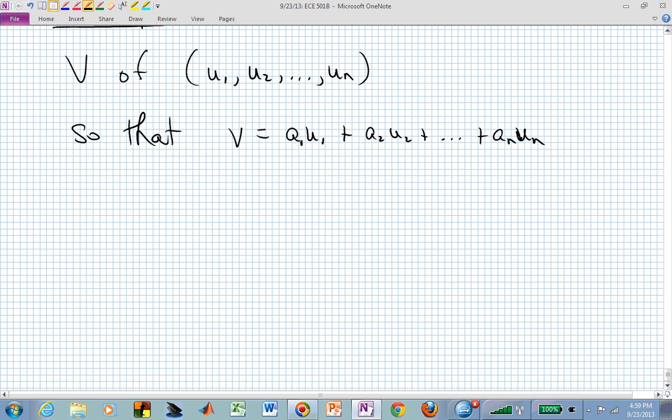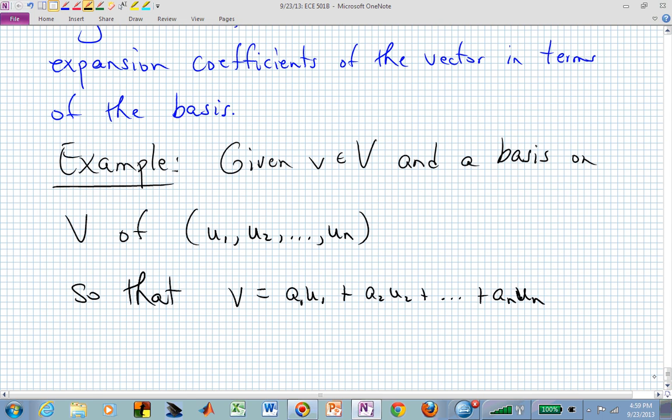And if we have a set of basis vectors, U1 through U sub n, then we can linearly combine those to form any vector V in our original vector space capital V.